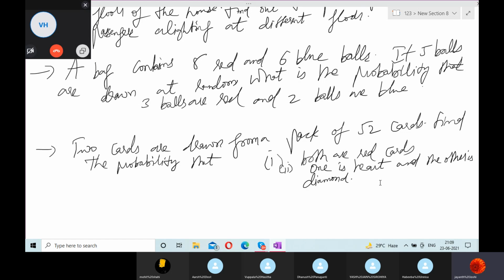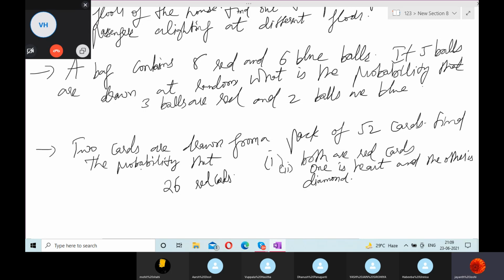So 2 cards are drawn from a pack of 52 cards. Find the probability that both are red cards. So definitely, if you take two cards out of a pack of 52 cards, you know how many are red cards? 26 red cards.